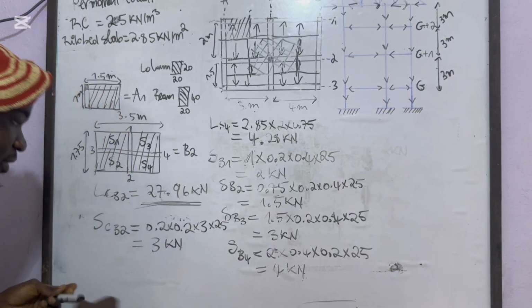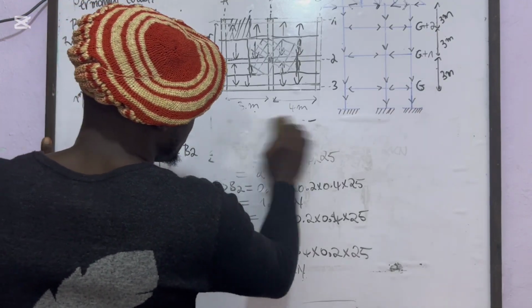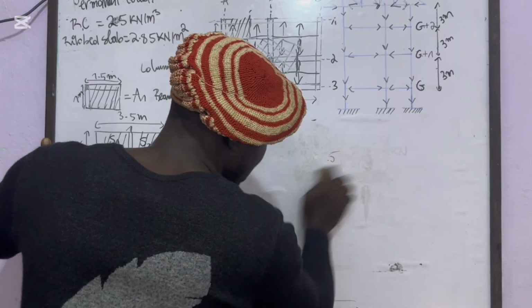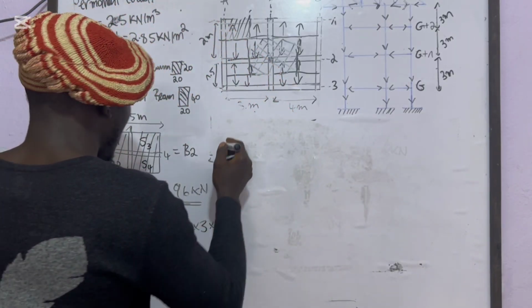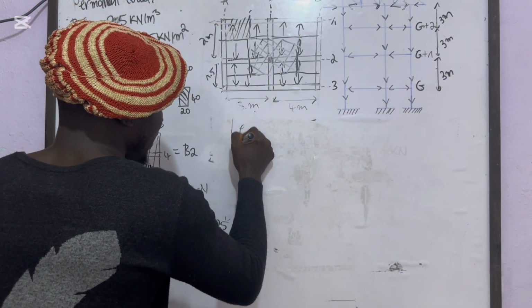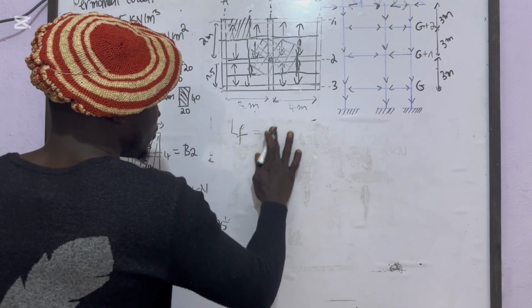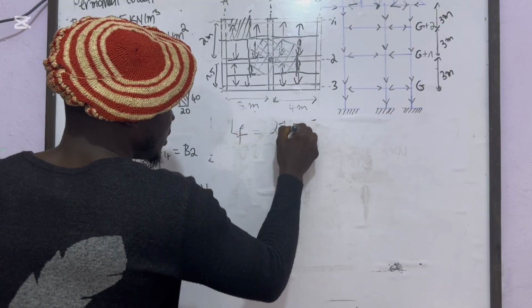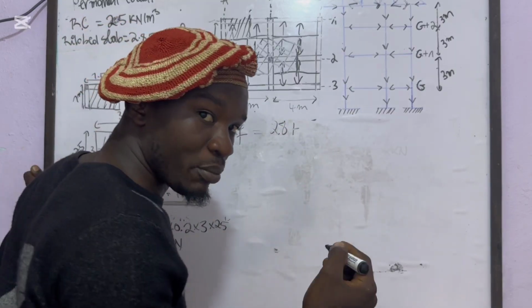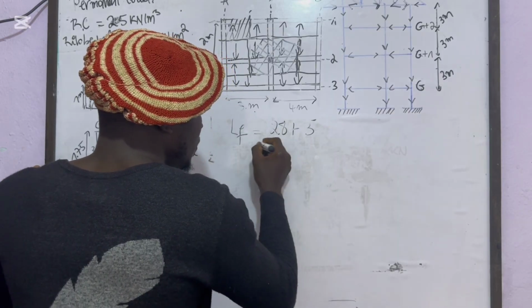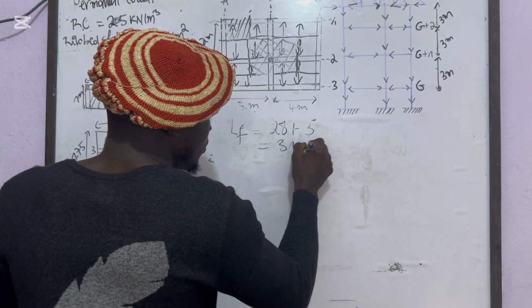So to have the final load to be used for the design, we'll have the final load LF equal to 27, which we can round up to 28 kilonewton. It is always better to majorate it. 28 plus 3 kilonewton gives us 31 kilonewton.